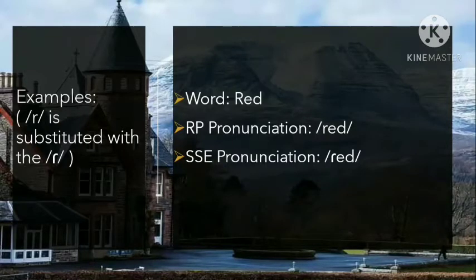In RP English, it is pronounced with the RP R, but in standard Scottish English, the phoneme R in the word red is substituted with the alveolar tap R. So the pronunciation in SSE will be different.